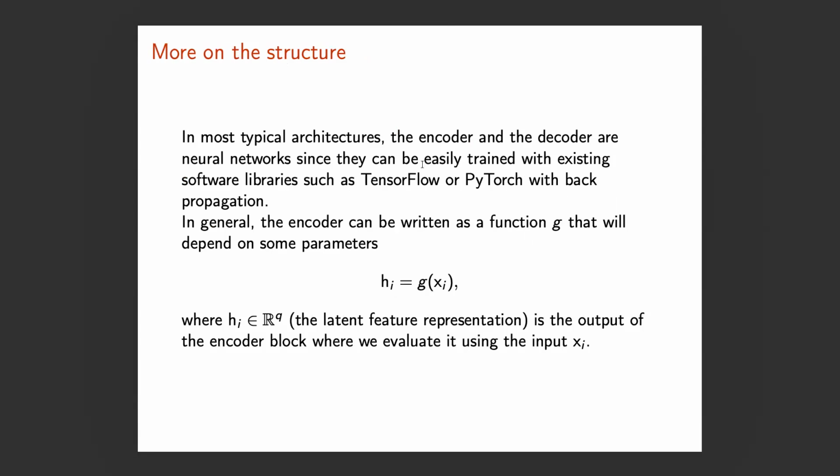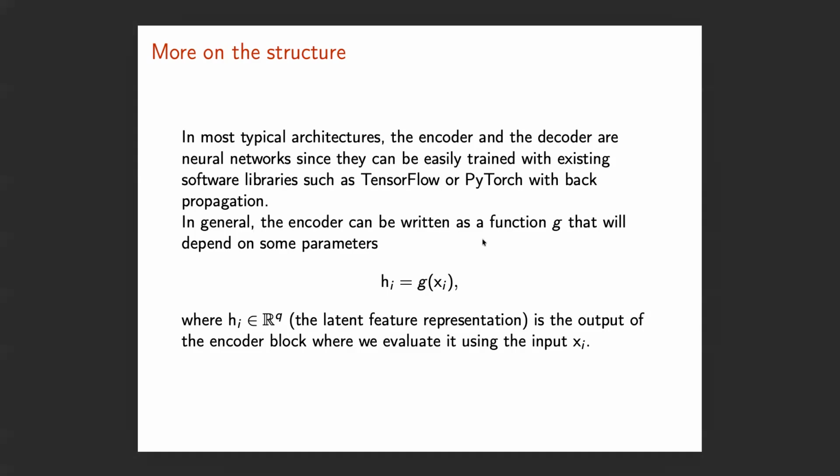So essentially, the encoder and decoders are typically neural networks since they can easily be trained with existing libraries. So one of the reasons why we spent so much time in the beginning here to remind you about neural networks, CNNs and RNNs, although many of you have seen it, is that these are basic building blocks which can be used in an autoencoder.